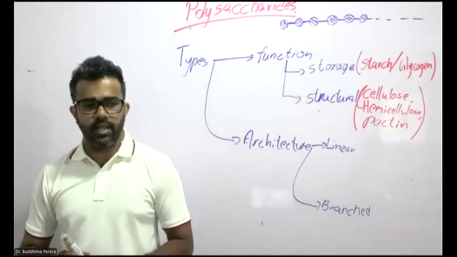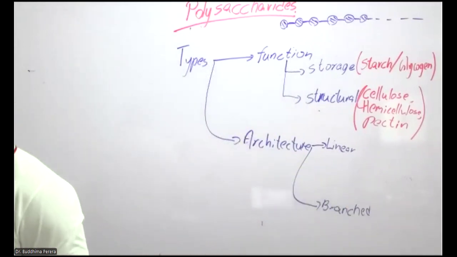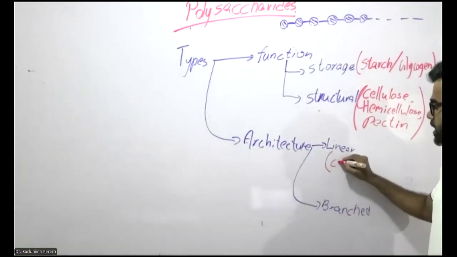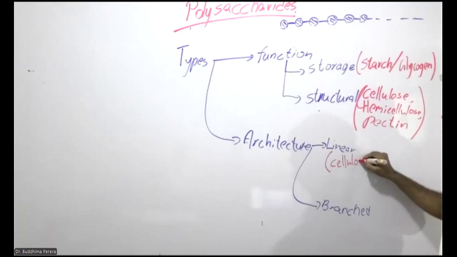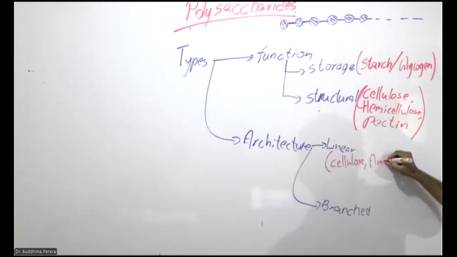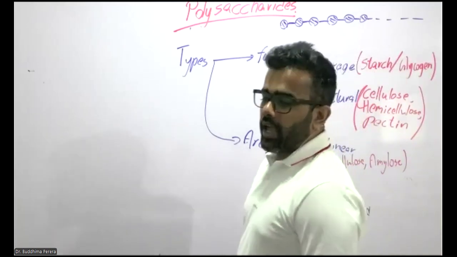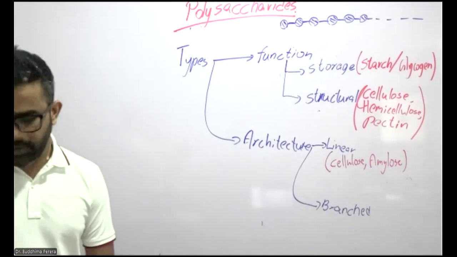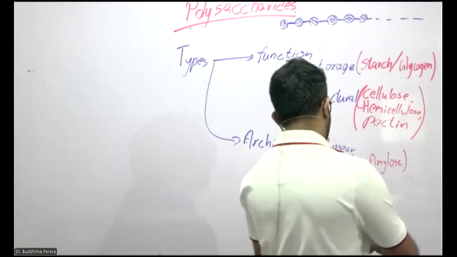What are the linear polysaccharides? Cellulose and amylose are linear polysaccharides. Hemicellulose is a branched polysaccharide and glycogen is also a branched polysaccharide.